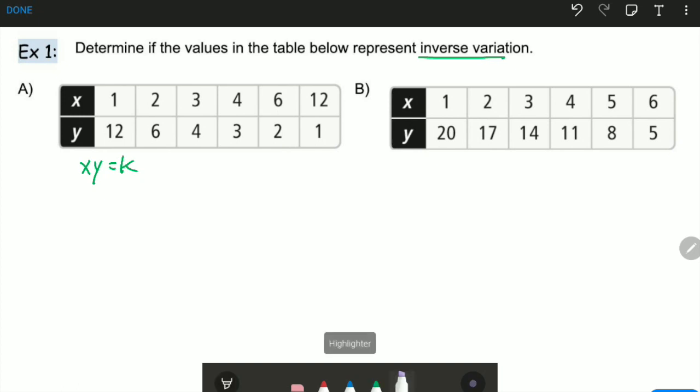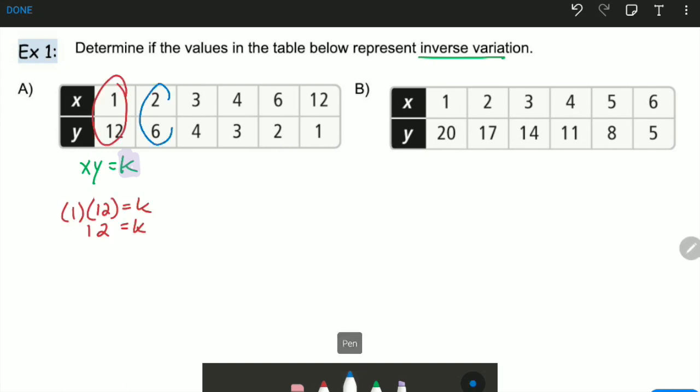If this is indeed inverse variation, then when I calculate k, it will be the same for all of the sets of ordered pairs. So if I look at the first set of data, my x is 1 and my y is 12. So 1 times 12 will be my value for k, and 1 times 12 is 12. So the rest of the ordered pairs should also give me a value for k of 12.